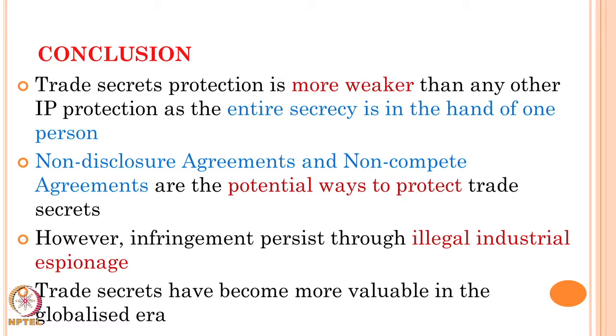These are two major enforceable agreements which basically restrict the information with the person who is holding the trade secrets. However, infringement persists through illegal industrial espionage, as we have seen that there are ways to infringe trade secrets.